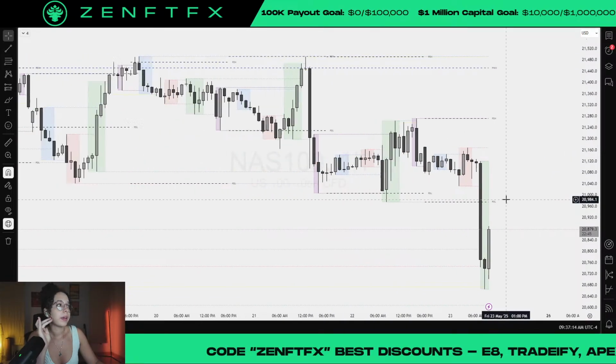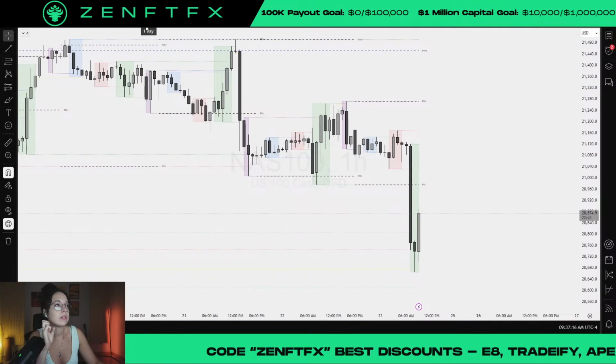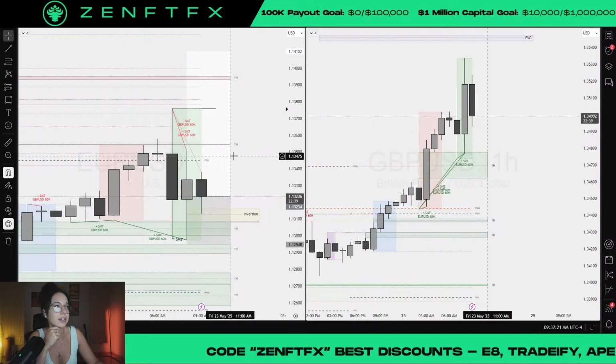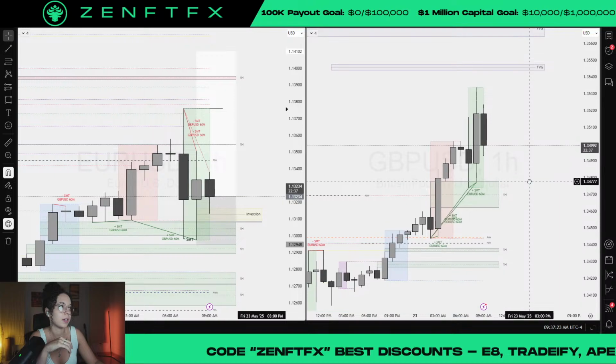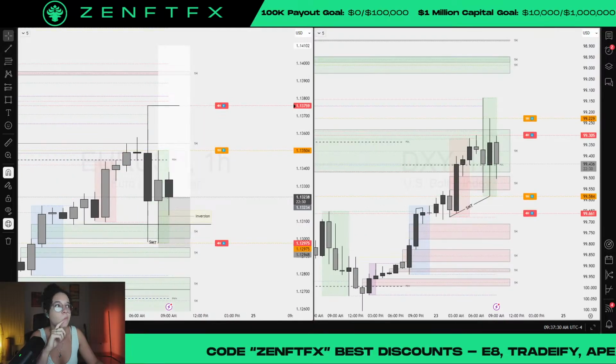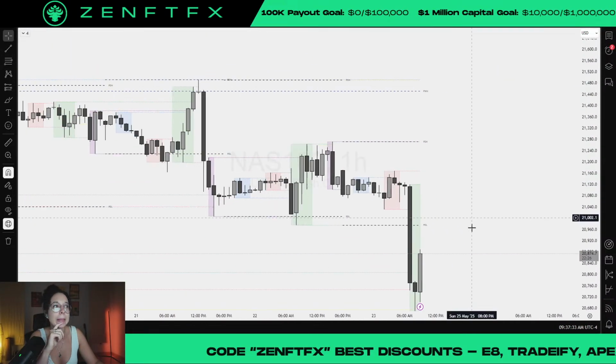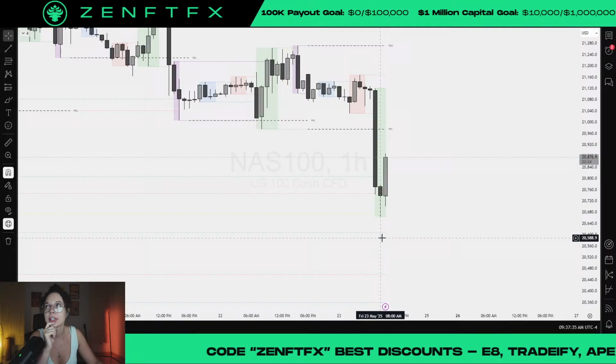I had to step away from indices and run back to the currencies, Euro USD and GBP USD. Also using DXY. But yeah, that's a crazy dump.